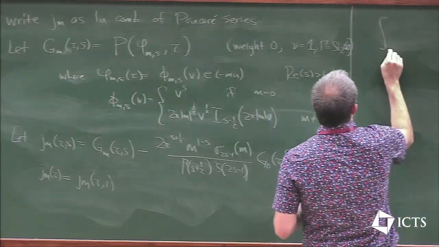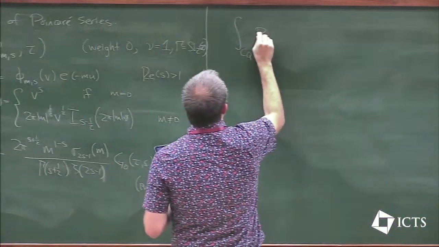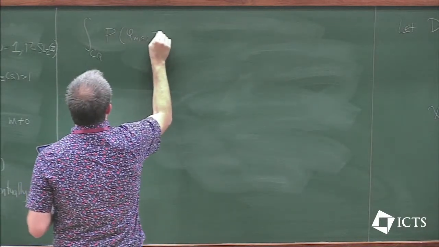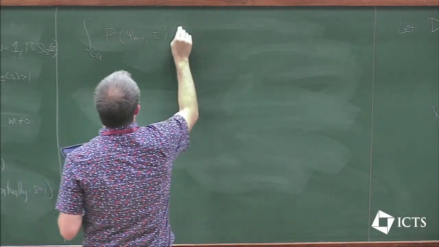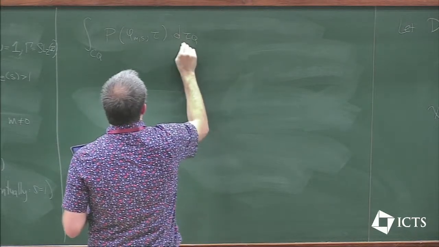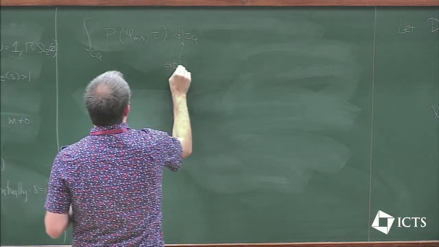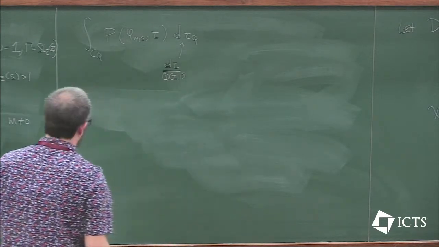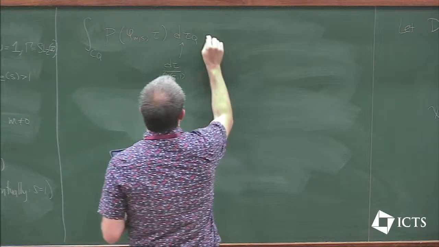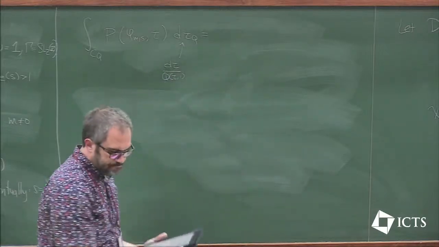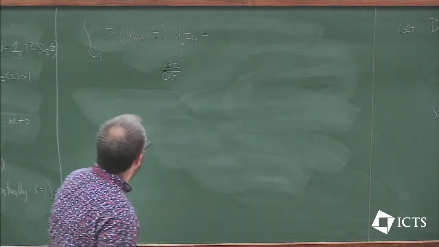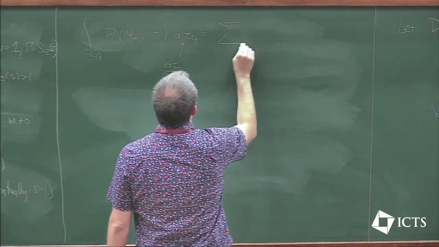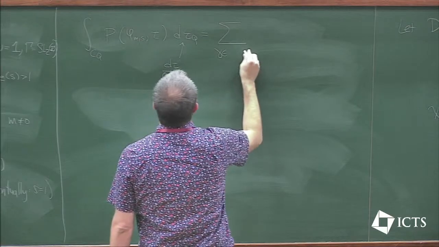So let's compute the integral over CQ of the Poincare series phi ms of tau. And I'll write d tau q, and this just means d tau over q of tau, 1. This is this invariant differential that we can play around with. Okay? Let's unfold the definition of the Poincare series.